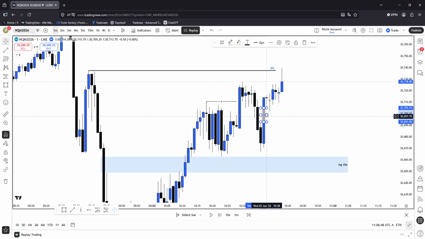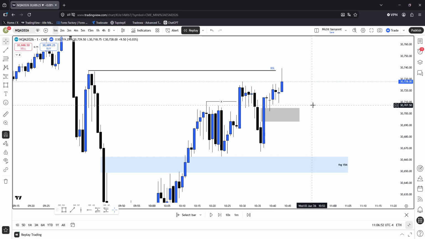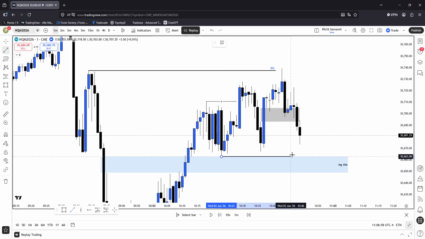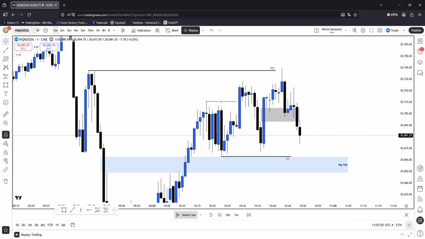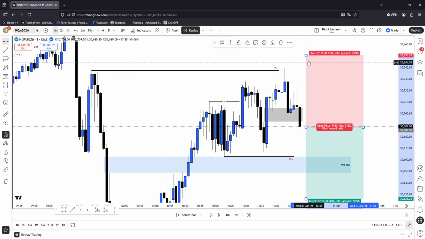For confirmation, I wanted to see this fair value gap getting inversed. And we waited. My target was again the 50-minute FVG, because now we also had relative equal lows at this 50-minute FVG. Yeah, we got our inverse here. We hopped in shorts.